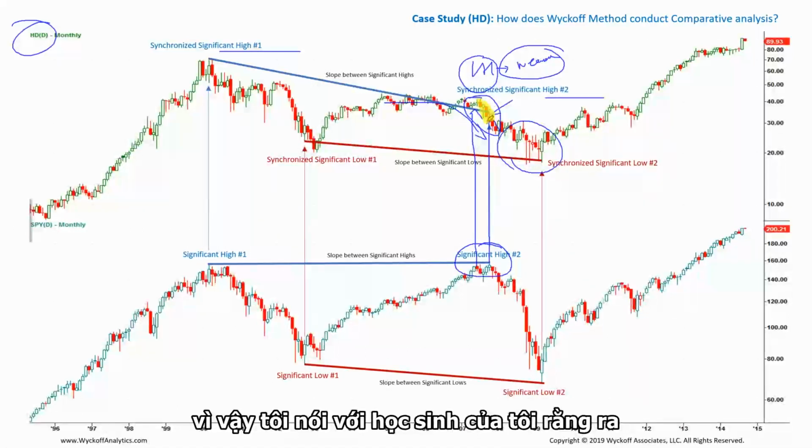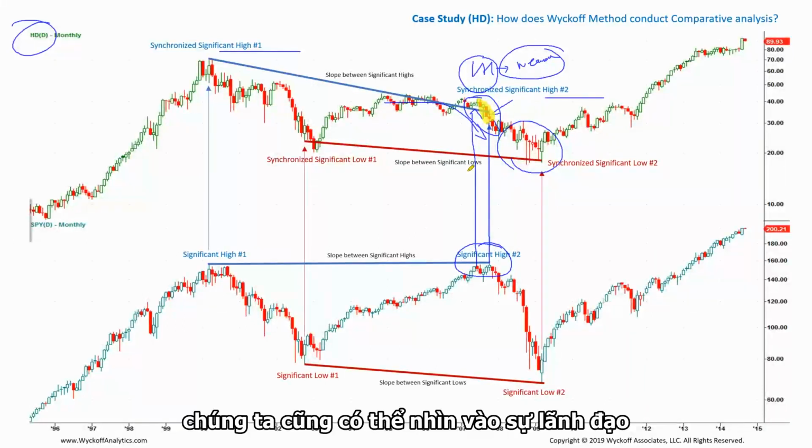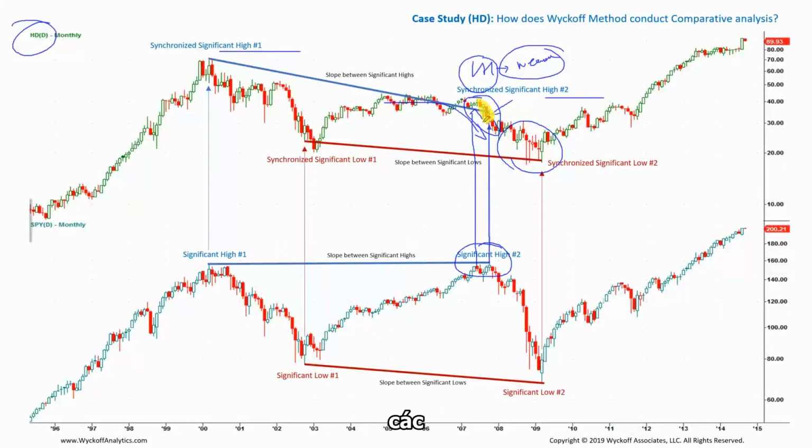So I tell my students that outperformance or leadership is causal as well. Not just the price, and the price swings are causal to the creation of the uptrend. We also could look at the leadership causality and incorporate that into the law of cause and effect.